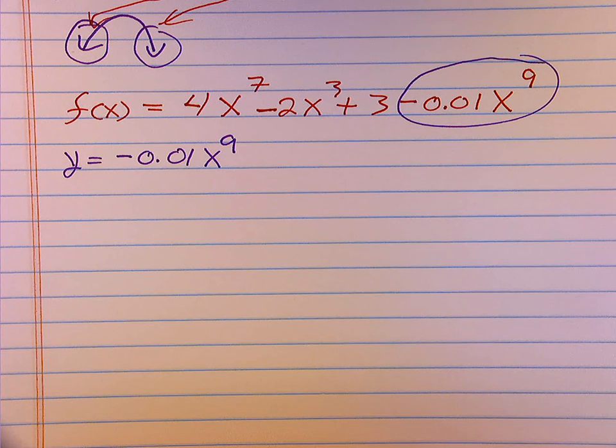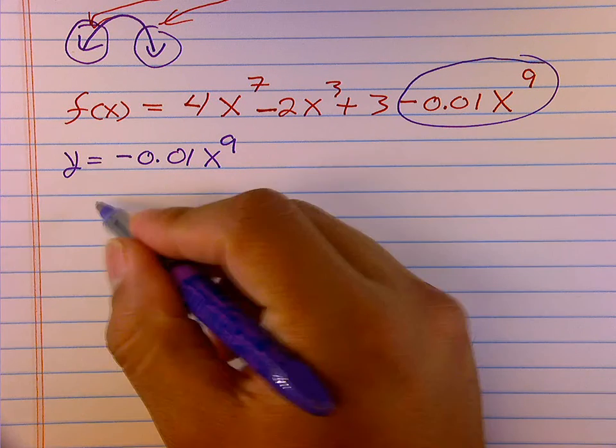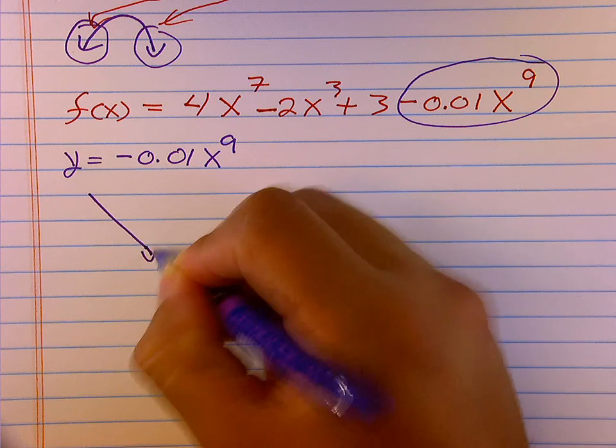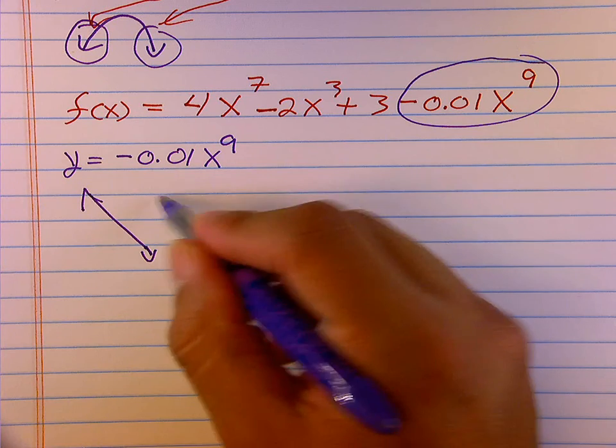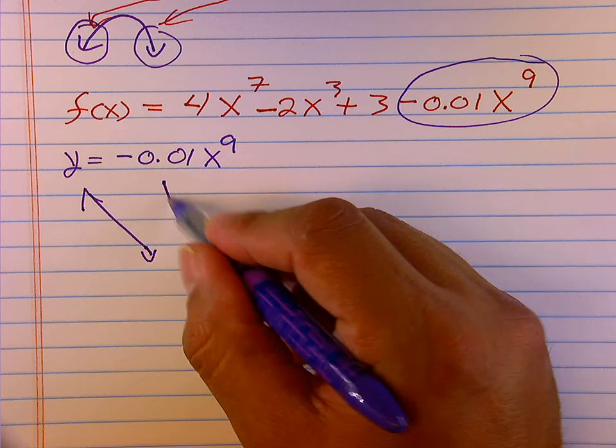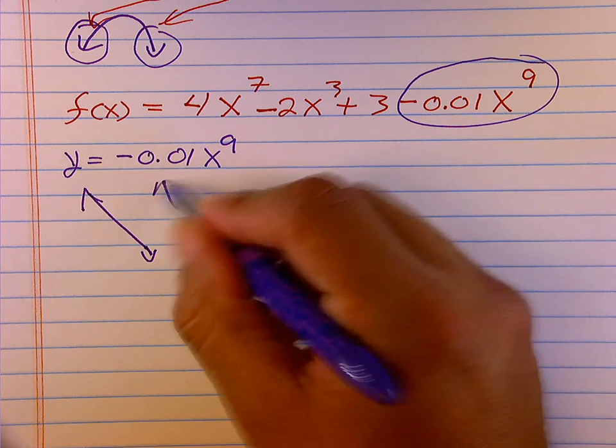And since this is an odd power function, I know the left and right hand behaviors go in opposite directions. And like a straight line, if my lead is negative, I'm going in this direction. From left to right, I'm going down. Of course, you also have bend on it, so the power function really looks something like that.